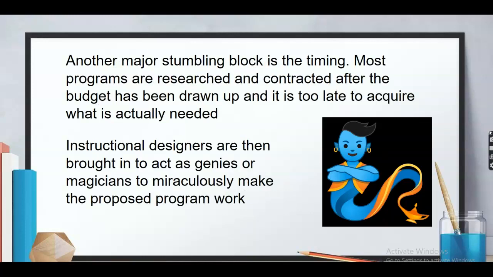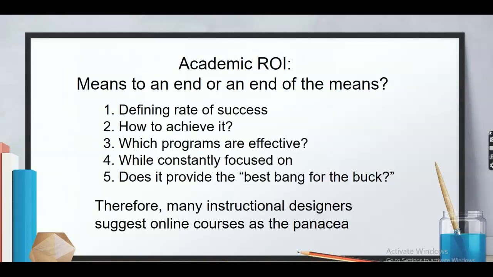Most programs are researched and contracted after the budget has been drawn up and it's too late to acquire what is actually needed to conduct the program efficiently. So instructional designers are then brought in to act as genies or magicians to miraculously make the program work the way it's supposed to. Is academic ROI a means to an end or an end of a means?